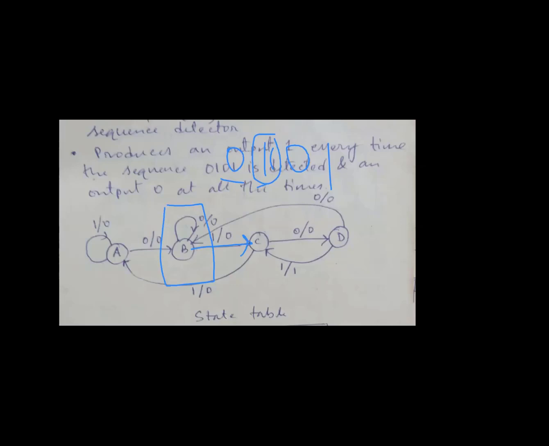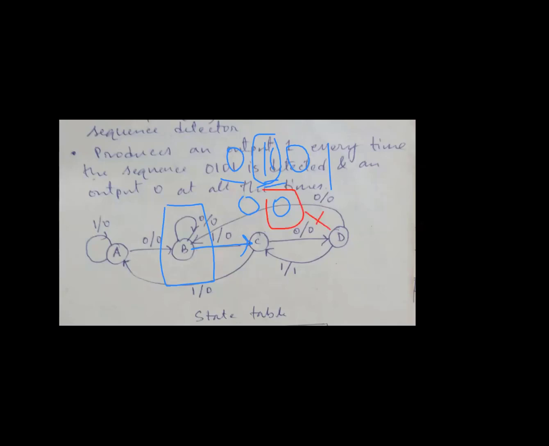Now what happens if when we are over B, input is 0? That means this sequence, first input is 0 and second input in place of 1 also it is 0. What happens? Also in this case, we need 1, right? We don't need 0.